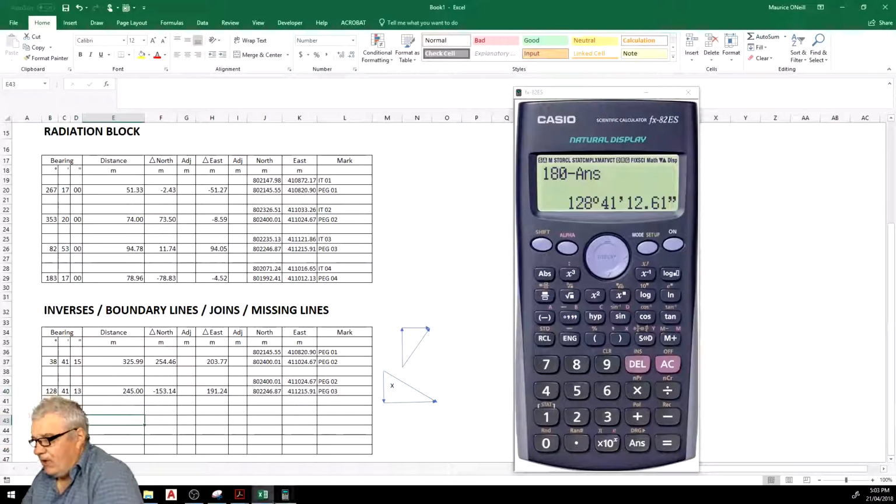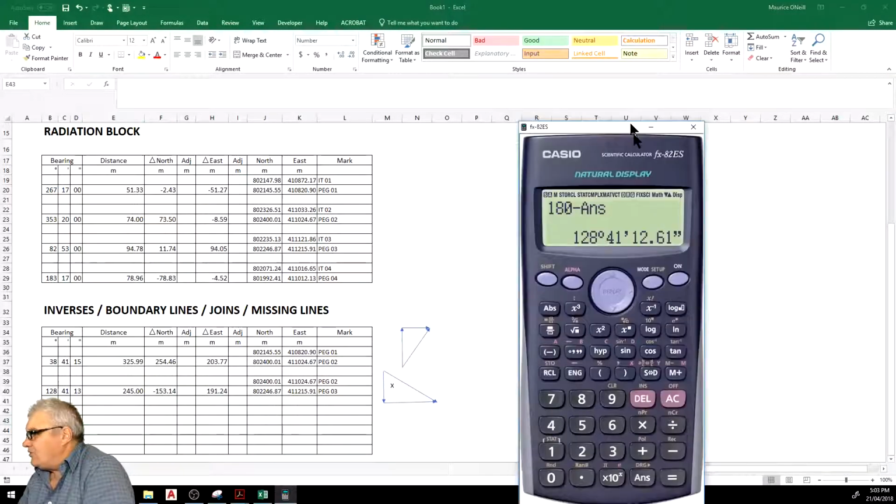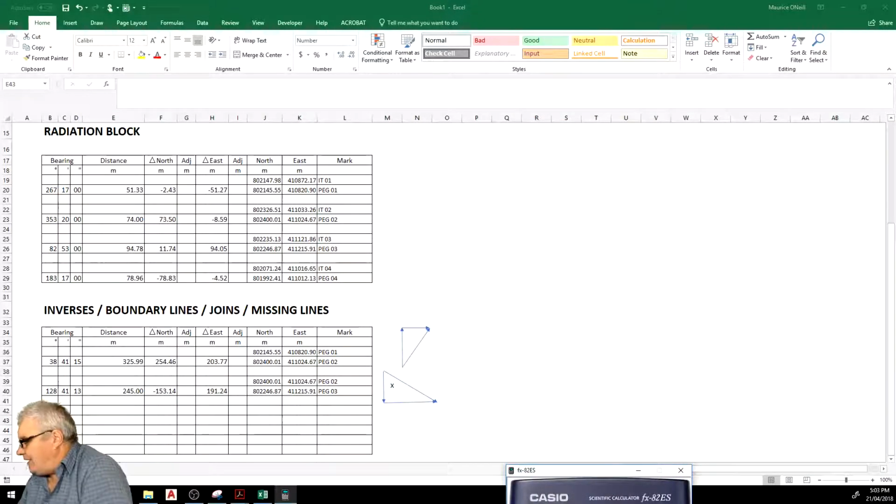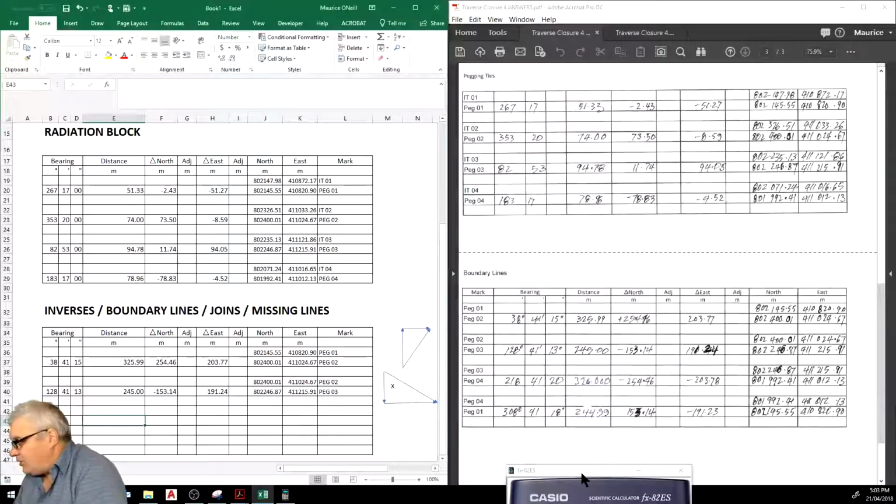So in real life, I would probably have rounded that to 128, 41, 10. So let's get the calculator down there. Let's bring this back here. And what did we get there? 128, 41, 13.249.